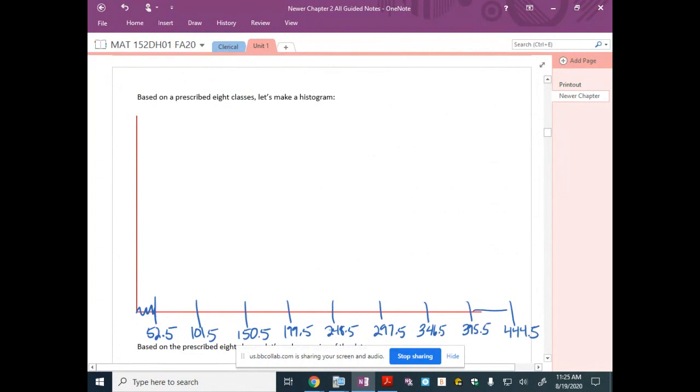Now, if you want to do this on the calculator, you would also change your X-min to this and your X-max to this. So 5, 10, and 15.